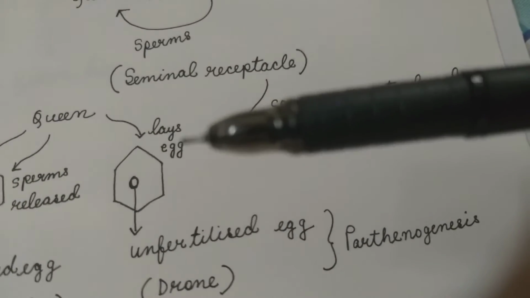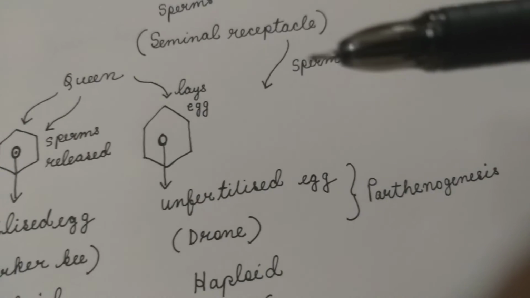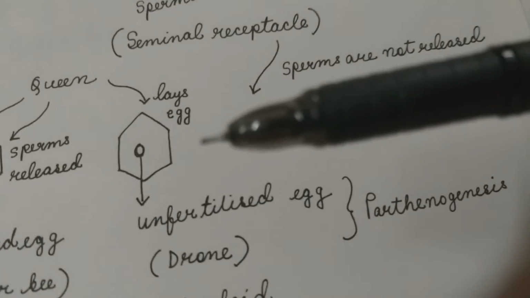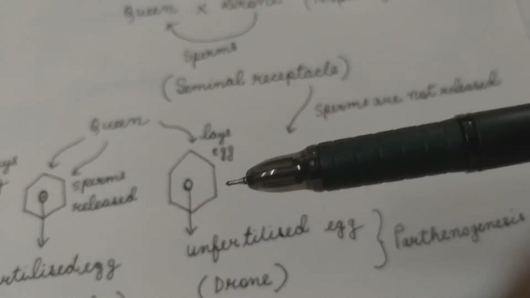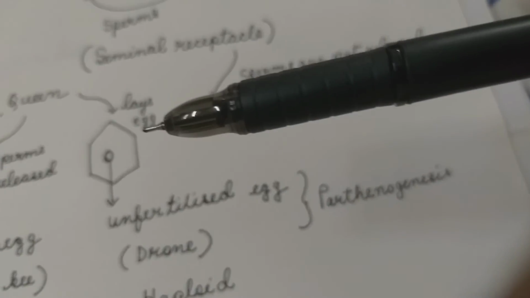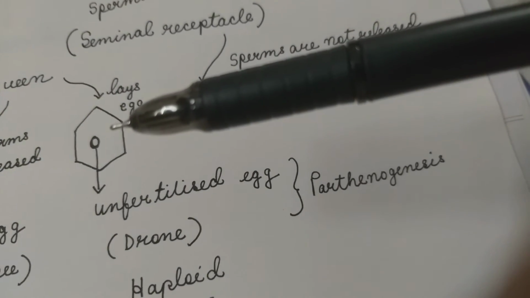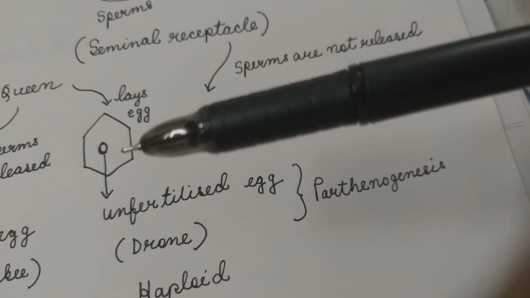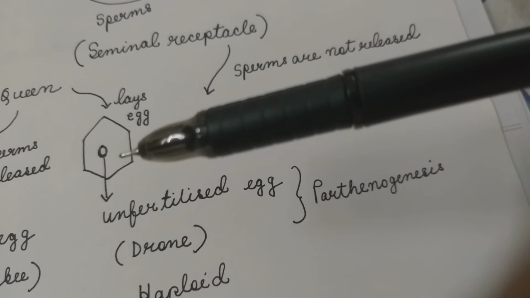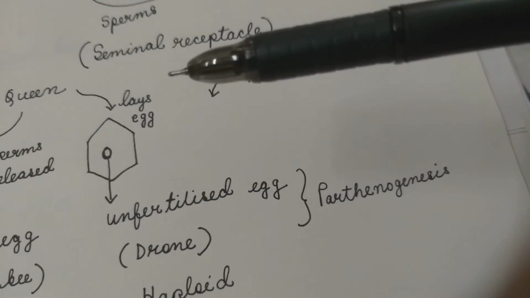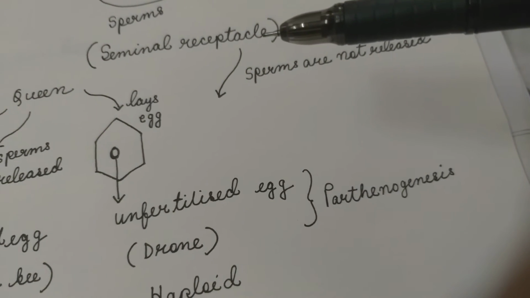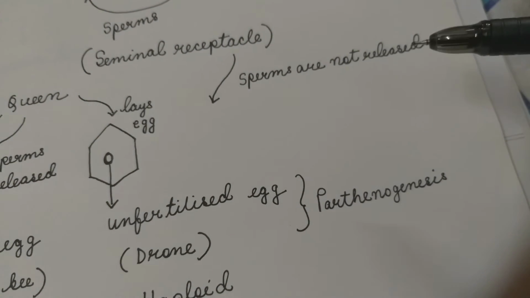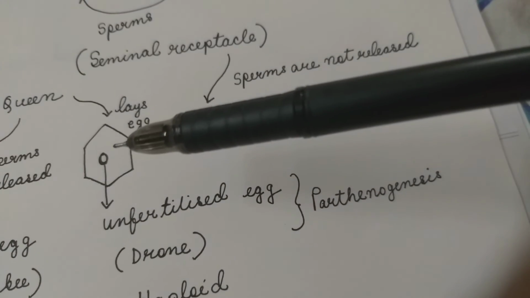As an egg passes down the oviduct into the larger brood cell, the queen gives a pressure on the duct of seminal receptacle so that the sperms are not released and the egg is not fertilized.